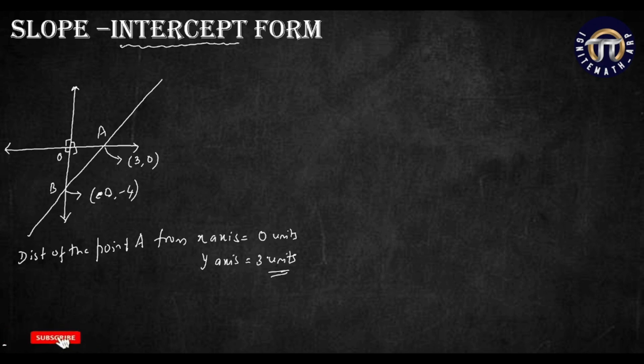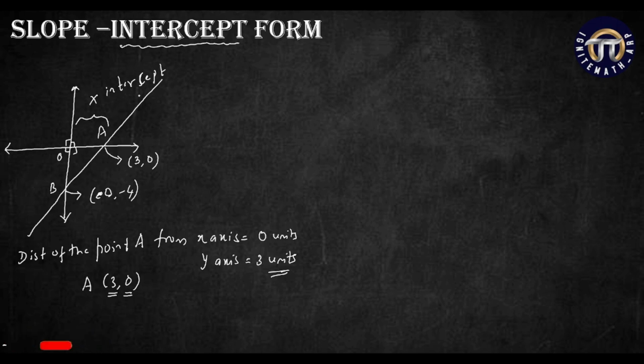So for any point, children, A 3 comma 0, the x coordinate denotes the distance of the point from the y-axis and the y coordinate denotes the distance of the point from the x-axis. So now the line is intersecting the x-axis at a point 3 units away from the origin. So this is called the x-intercept.